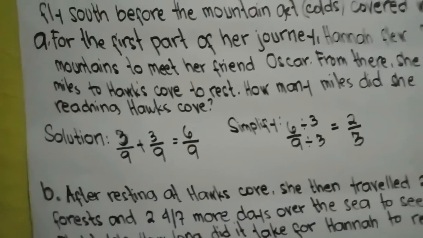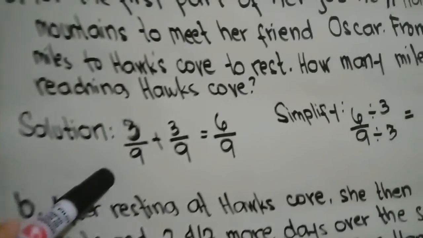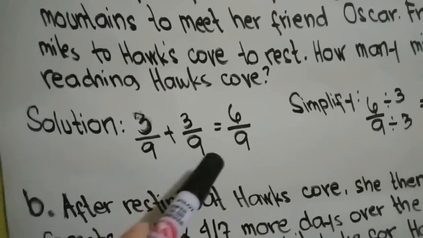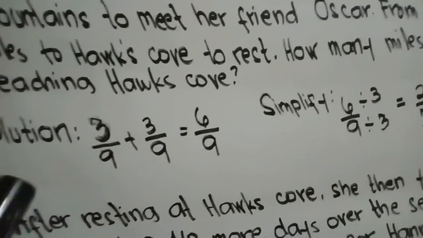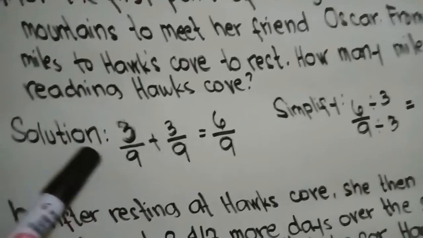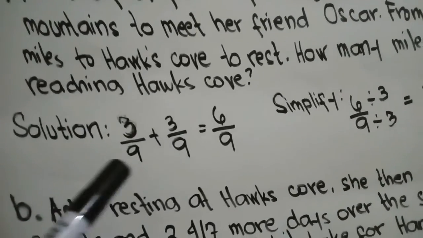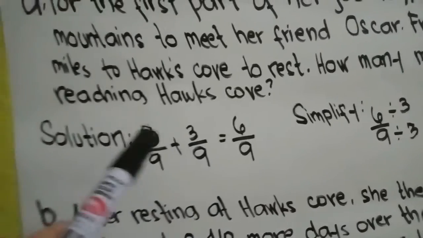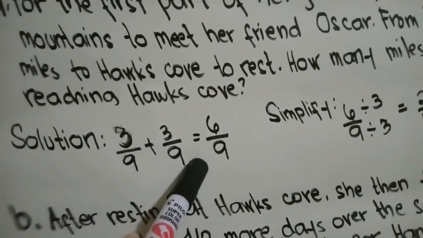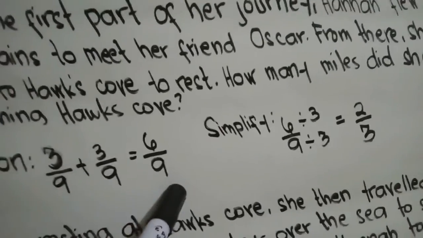So, sa operation ng fraction, if magkaiba ang denominator, hanapin ang LCM or least common multiple. So, since magkatulad man sila, i-add agad. So, 3 plus 3 equals 6, then copy the denominator.